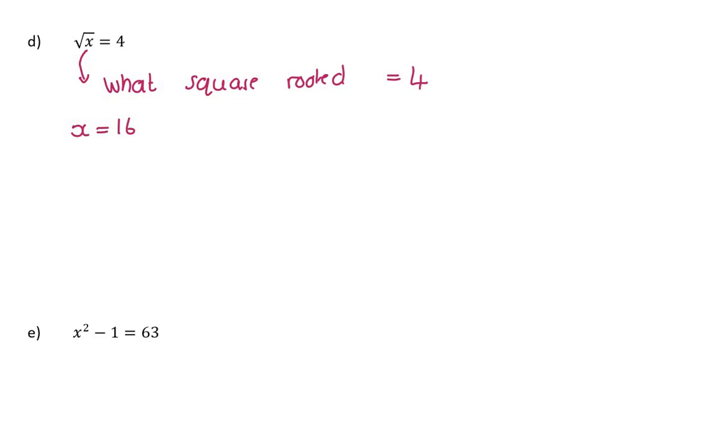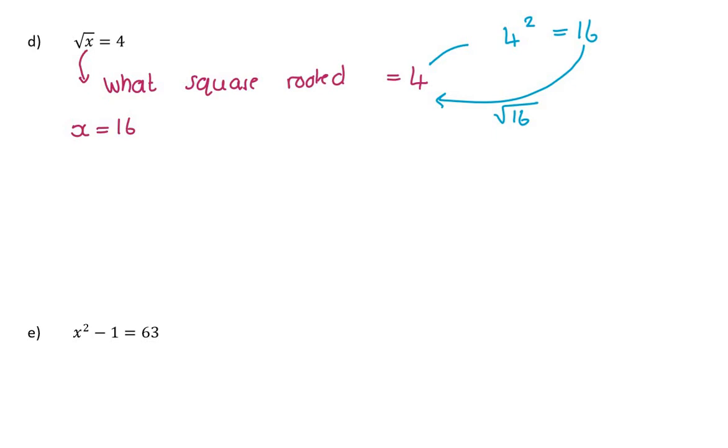Now, what happens if you didn't know that? What happens if it was what square rooted gives you 15, and you don't know what square rooted gives you 15? Well, I could say 4 squared gives me 16. Therefore, when I square root it, I would go back to 4. So the square root of 16 gives me 4.